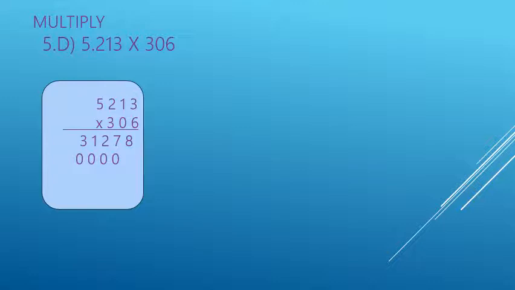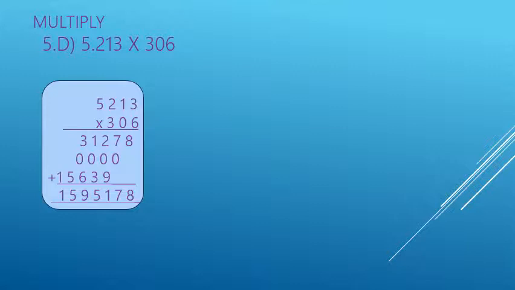In the third step, at hundreds place, we do the multiplication of 5213 by 3. And what do we get? We get 15639. Now children, when we add these three numbers, we get 1595178. And now what we have to do?